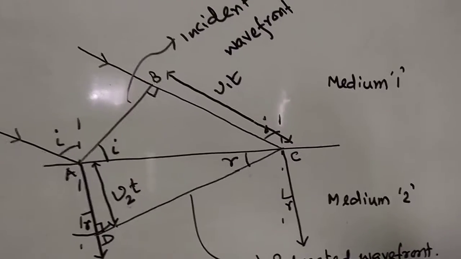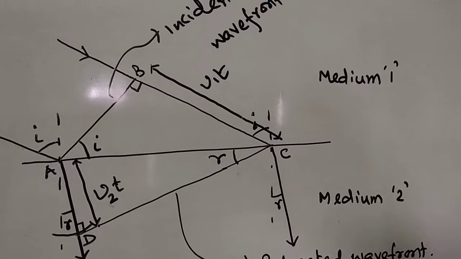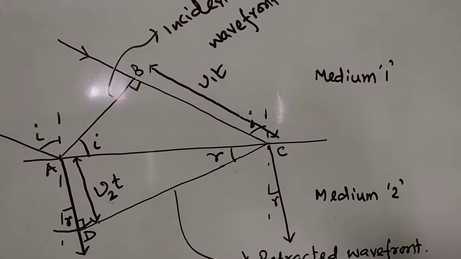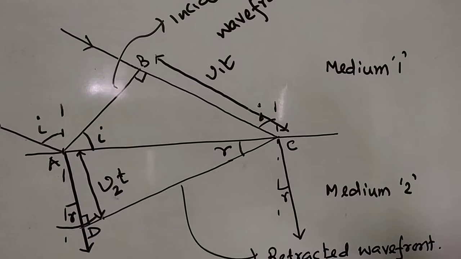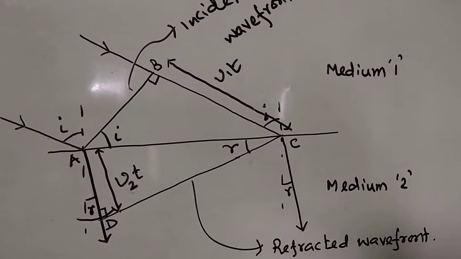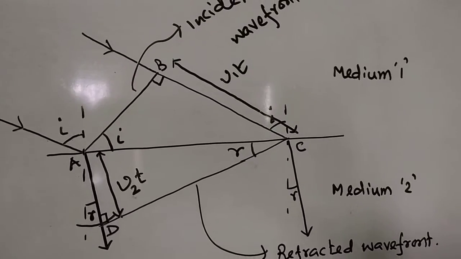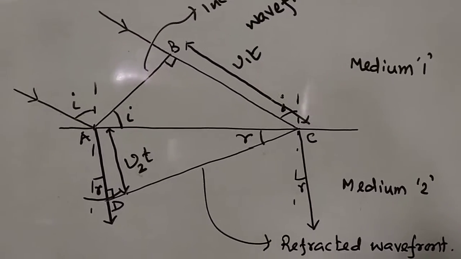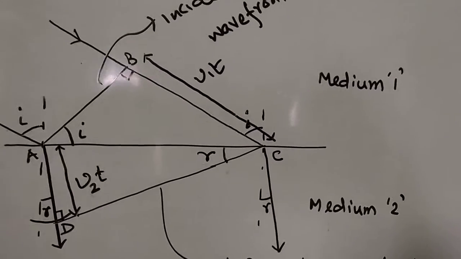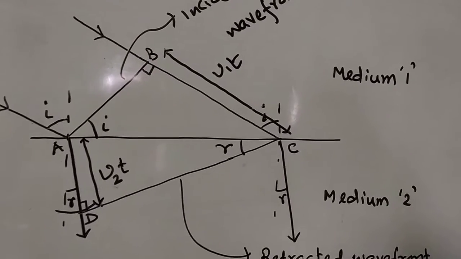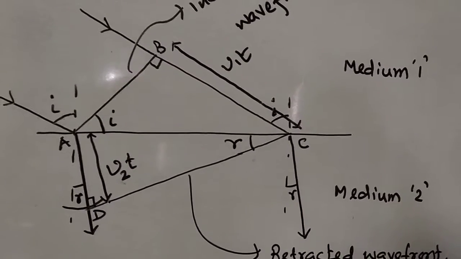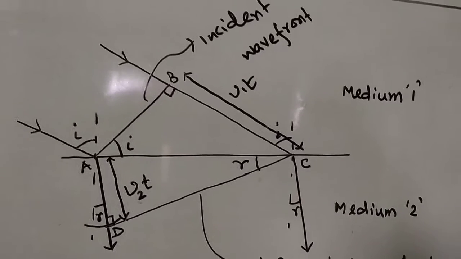Now it is found experimentally that the time the ray takes to move from B to C is the same as the time the ray takes to construct the arc from A to D. How can we define this?